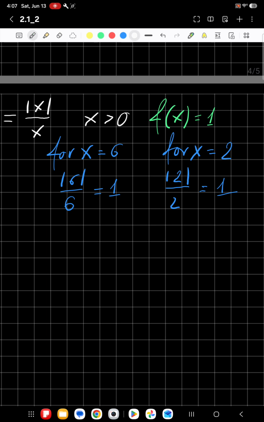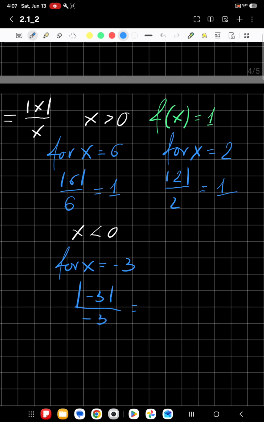And for x less than 0, again, a couple of examples. For x equals negative 3, what do we get? We get absolute value of negative 3 divided by negative 3.